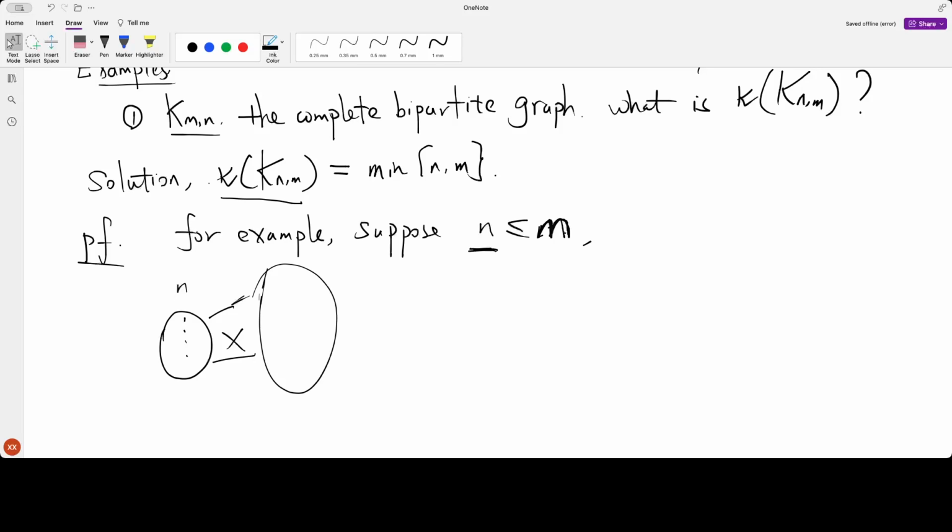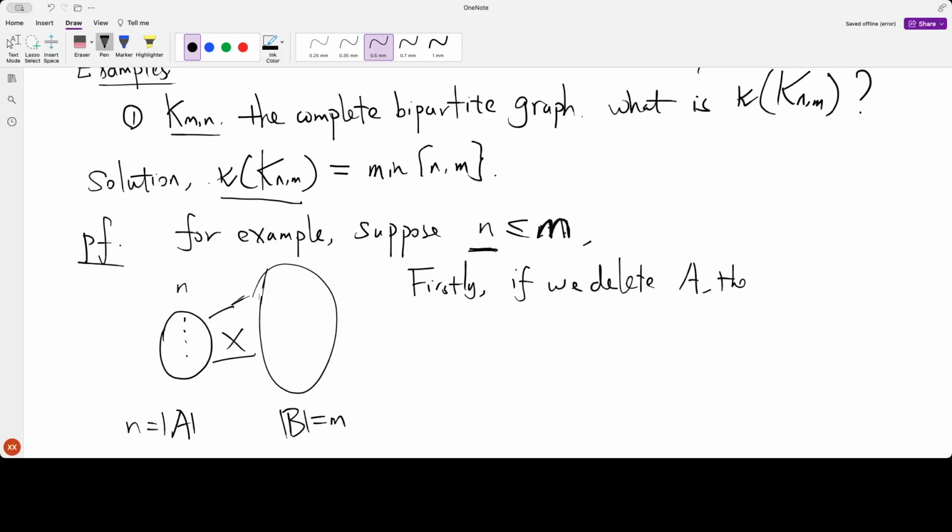And I want to prove that, so this is actually the first direction. So firstly, for example, this is part A and part B. Part A has size n and part B has size m. So firstly, if we delete A, then the graph becomes disconnected.